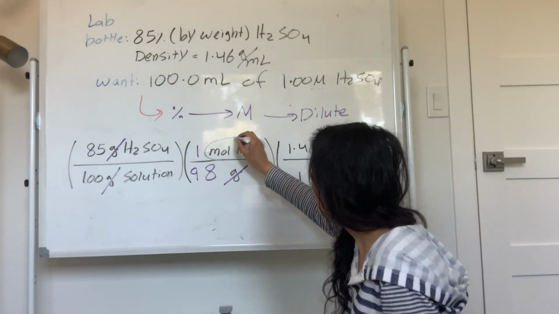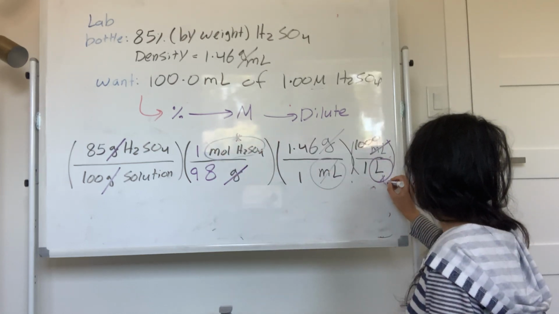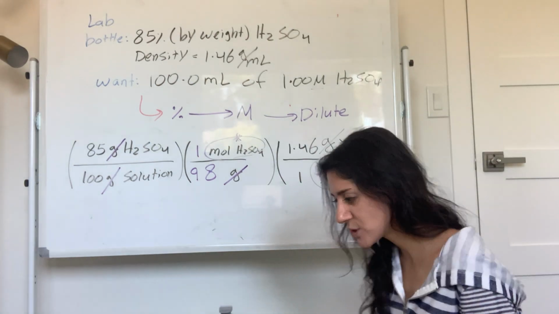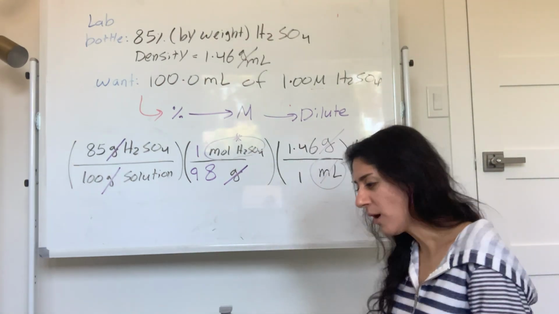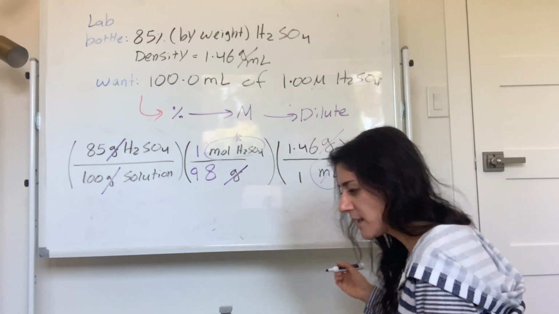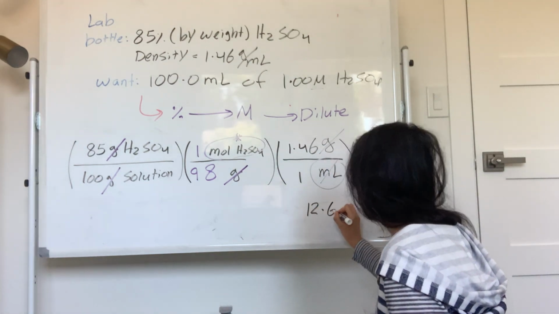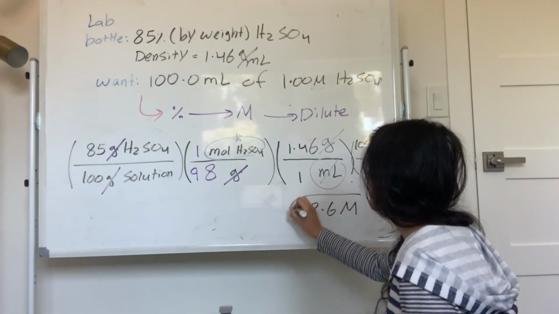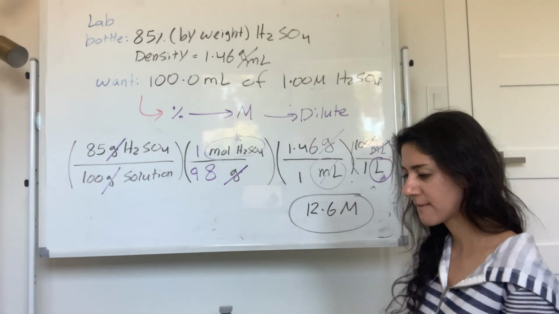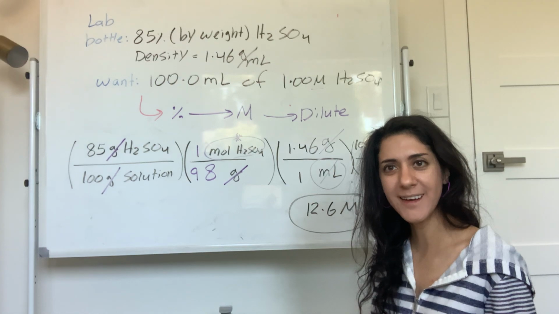So what I have is moles of H2SO4 divided by liters of solution, which is the molarity that I wanted. Okay, so what I end up getting is 12.6 molar, which is moles per liter. You guys follow that? Okay.